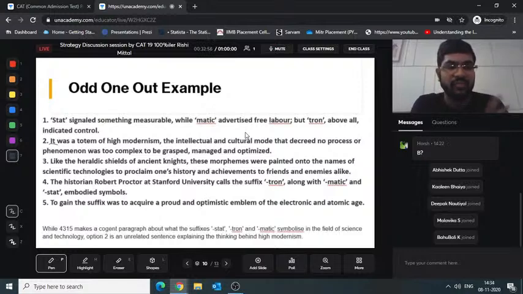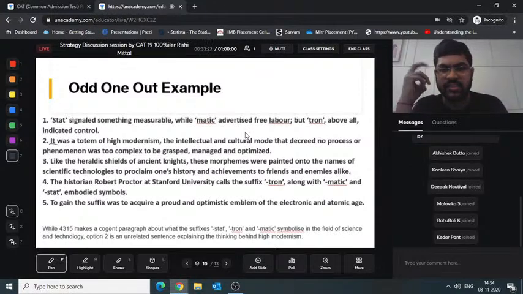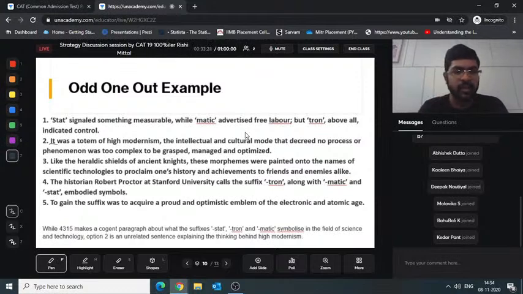So 4 and 1 are definitely part of the para-jumble I am trying to make. The fifth sentence talks about how to gain the suffix was to acquire a proud, optimistic emblem of an electronic and atomic age. Again, the word suffix is used, so somewhere 4, 1, and 5 are talking of suffixes.